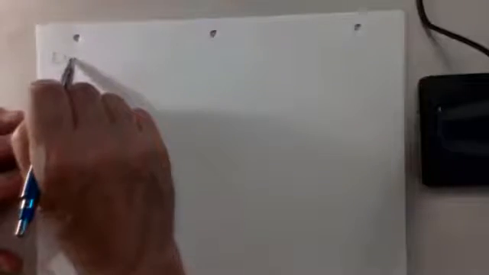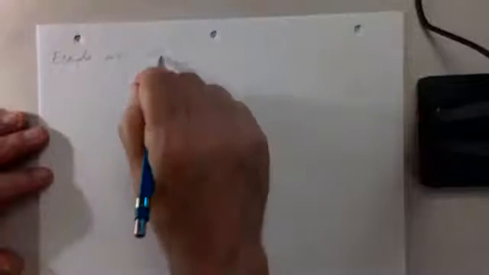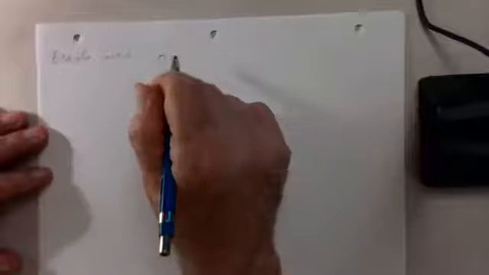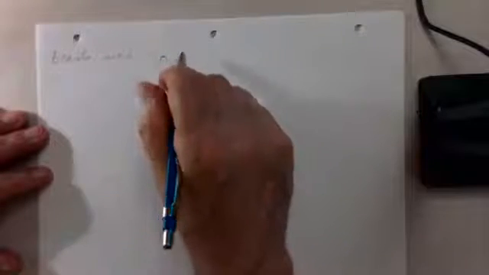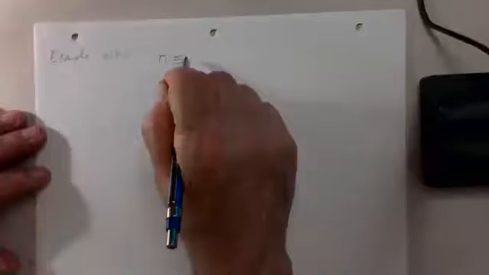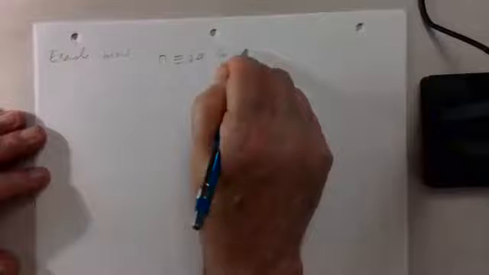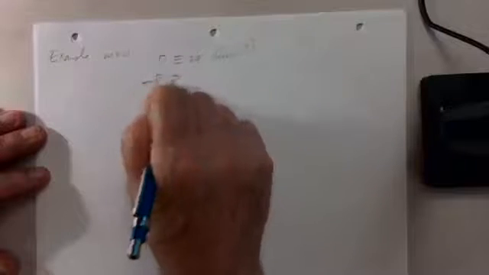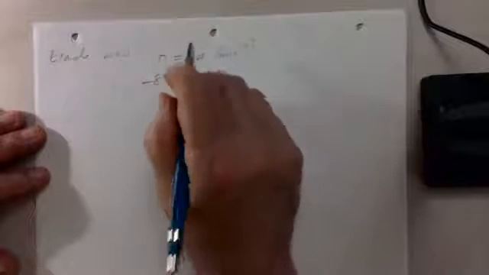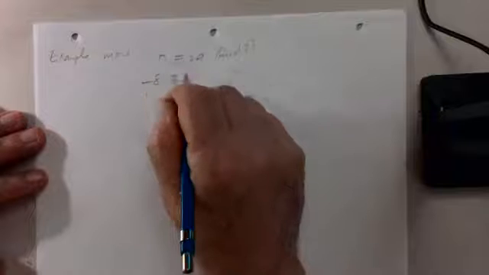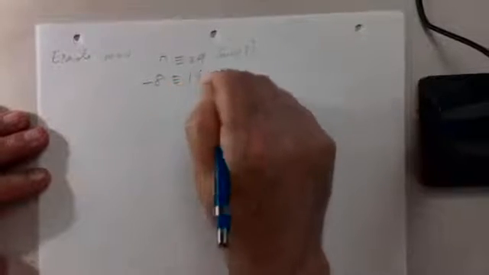So for example, we take m equal to 3, we know that 17 is congruent to 29 mod 3. And minus 8 is congruent to 16 mod 3.